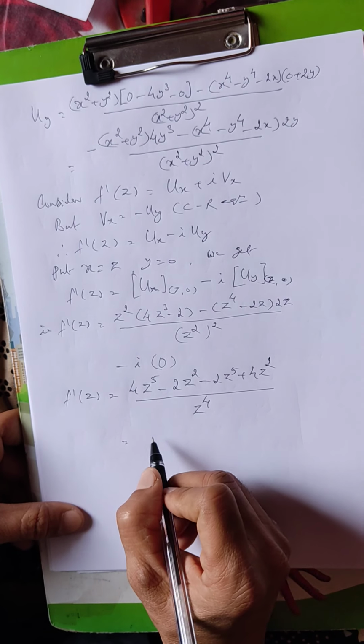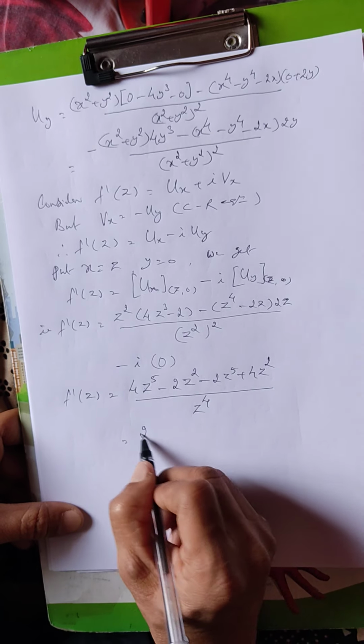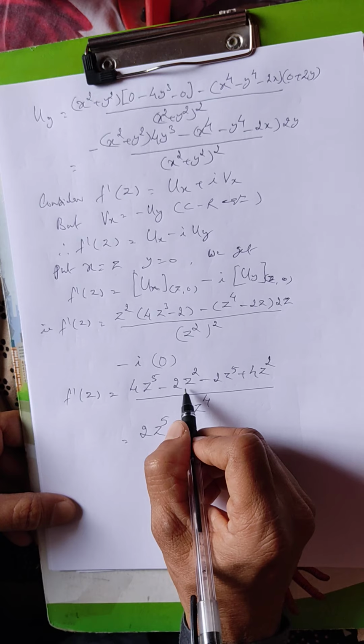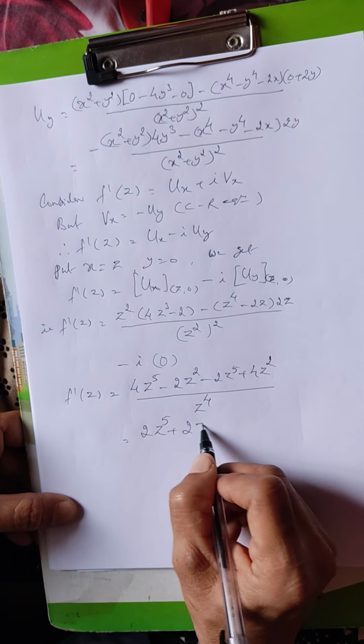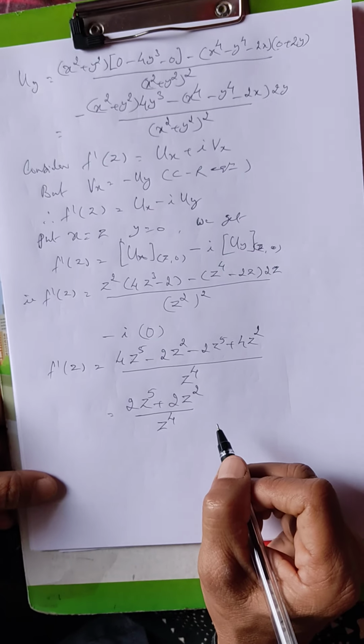So that is equal to 4z power 5 minus 2z power 5, which is 2z power 5. Then minus 2z square plus 4z square is plus 2z square, divided by z power 4.